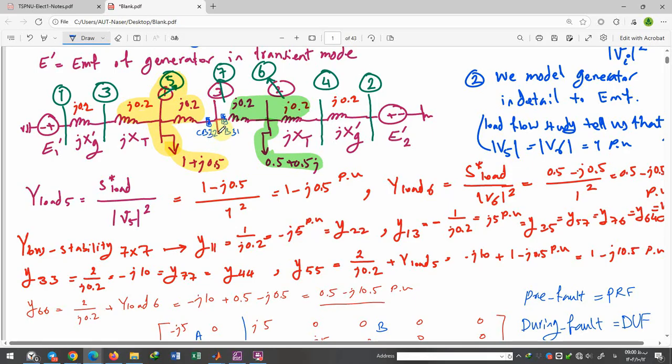And so after a three-phase fault happens in bus number 3, or in bus number 7 in the renumbering of buses, that fault is cleared by opening circuit breakers number 3.2 and 3.1.